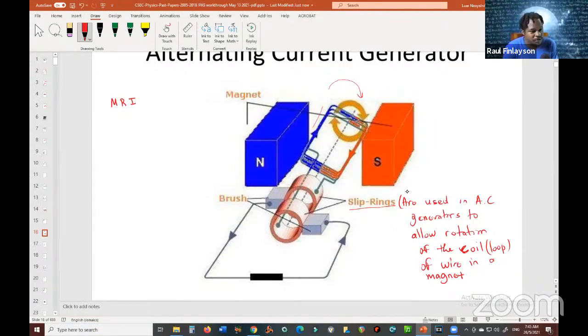All right. So when you go to the scan, it's a big, strong magnet that is put over you. So basically, it magnetizes parts of your brain. Your brain has electrons in it actually. So they use a very strong magnet, which is powered by electricity.